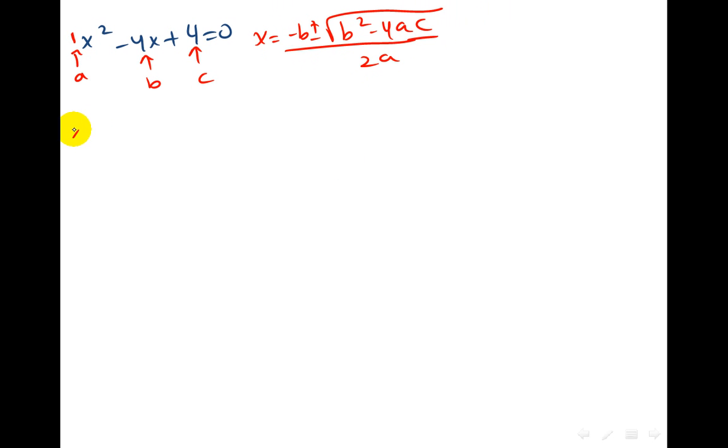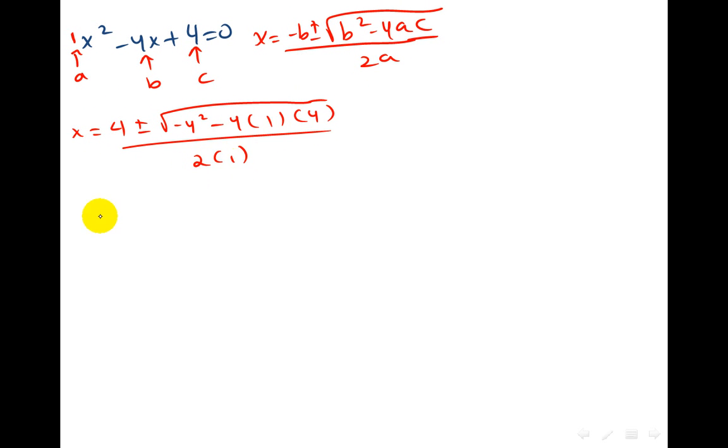So let's start to plug in here. Minus b, which means minus minus 4 will give you positive 4, plus or minus b squared is minus 4 squared, minus 4 times a times c. A is 1 and c is 4 over 2a, which is 2 times 1. 4 plus or minus negative 4 squared is 16, minus 4 times 1 is 4, 4 times 4 is 16 again, over 2 times 1 is 2.